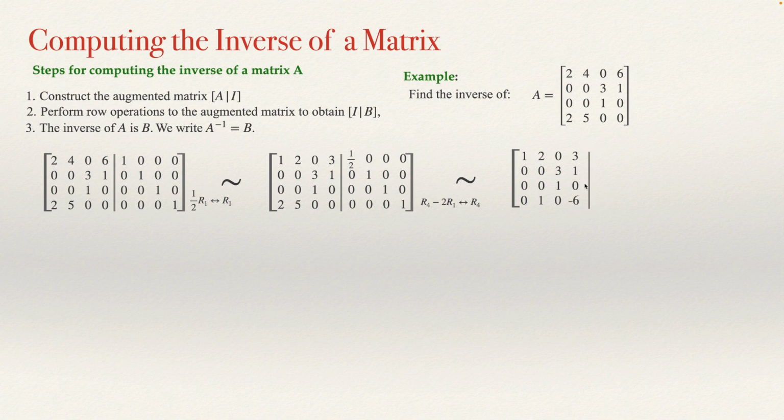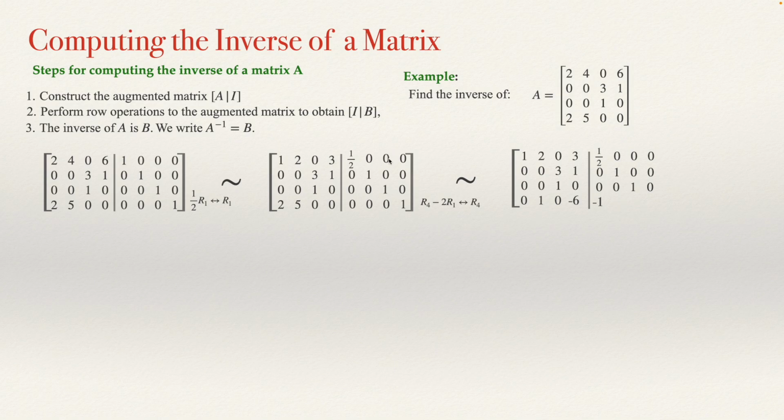Then at the other side, you are going to do the same. Remember, you are going to make the same operations in the identity. 0 minus 1, it will be minus 1. So the first row doesn't change, but the last one will have here a minus 1. Here it will be 0 minus 0 is 0.